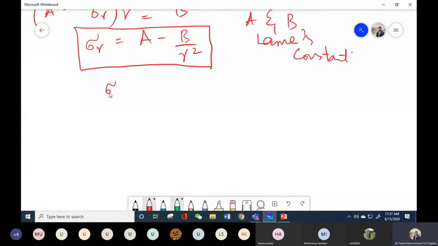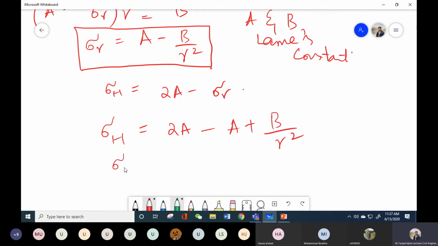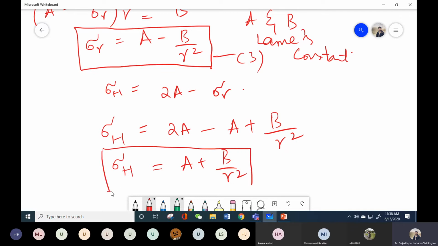So this equation 2 is sigma h is equal to 2a minus sigma r. So substitute the value of sigma r into this one, that is 2a minus a plus b over r square. So sigma h is equal to, let's name it as equation 3. So sigma h will be a plus b over r square. So this is the relationship for hoop stresses, and let's name it as equation 4.